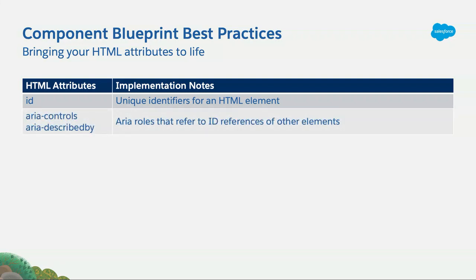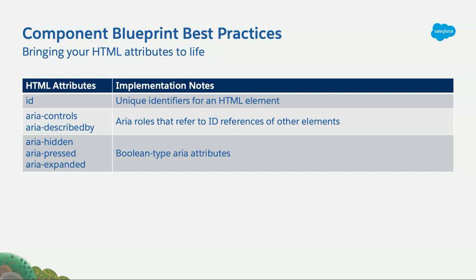We also have attributes like ARIA controls and ARIA describedby, and these are ARIA roles that refer to other ID references. So wherever you see these, they actually have to hook up to another living element in my component, and they need to respond to something real. Then there's also Boolean-based ARIA roles, like ARIA hidden, pressed, expanded. There's a lot of these.